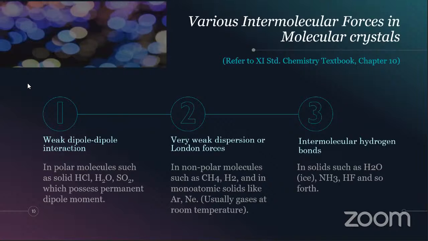That means the interaction arising due to the presence of charges. So we have HCl, H plus Cl minus, H2O, again H plus OH minus. So here there is a very weak dipole-dipole interaction. Then you have London forces, and you have compounds showing hydrogen bonding.